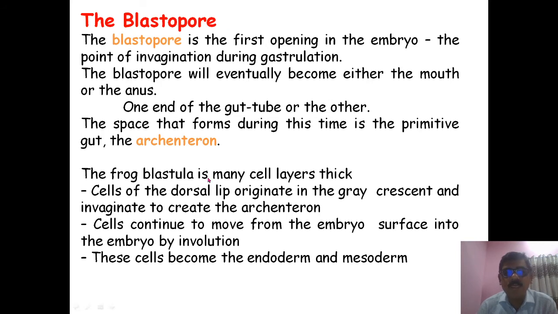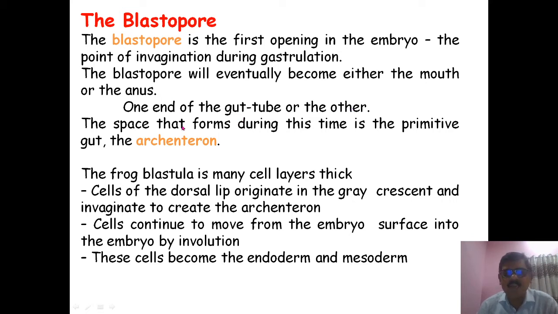The blastopore is the first opening in the embryo, the point of invagination during gastrulation. The blastopore eventually becomes either the mouth or anus. In frog, it becomes the anal opening, one end of the gut tube or the other.